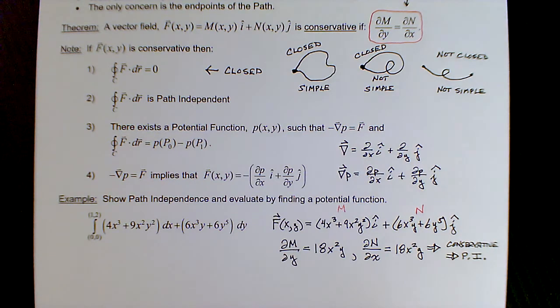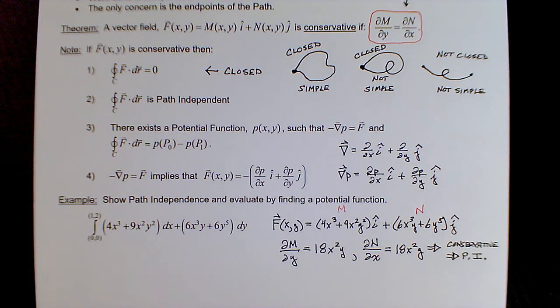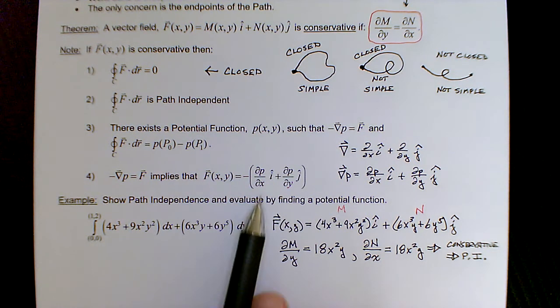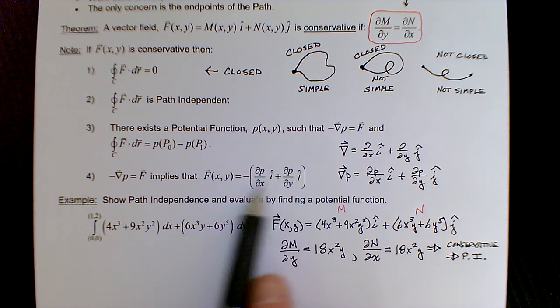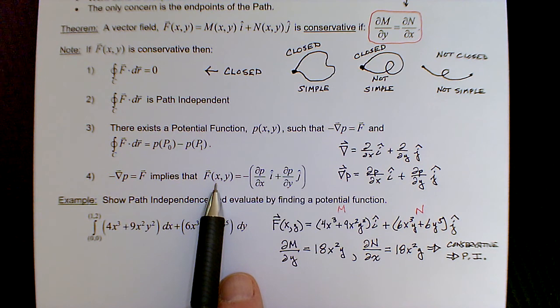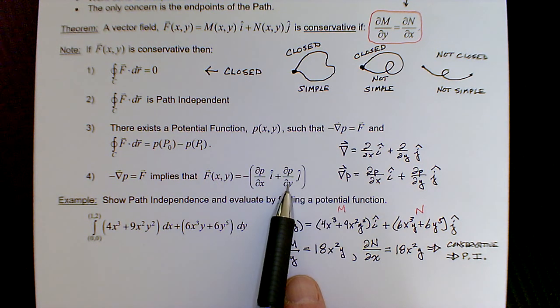Okay, so now how do we find this function P, the potential function? Well, it relies on the fact that the derivative of P with respect to x is the coefficient or the function in front of i in the vector field F, and also that the partial of P with respect to y is the function in front of j.